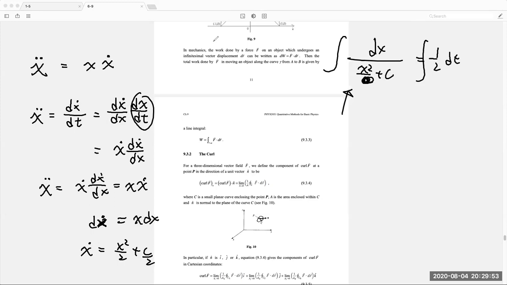Let me think about it. I think the solution will look like this: x equals k times arctangent of something. Let's try to use this solution, because this one is arctangent. Oh, no, there may be some constant here, okay? So complicated, just ignore it. You can solve it by yourself, okay?